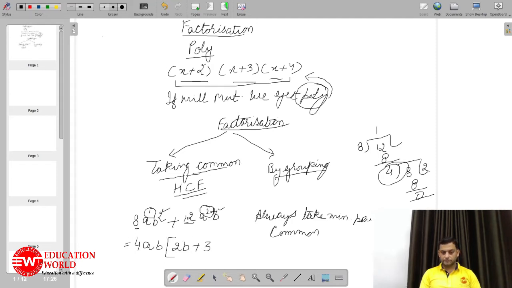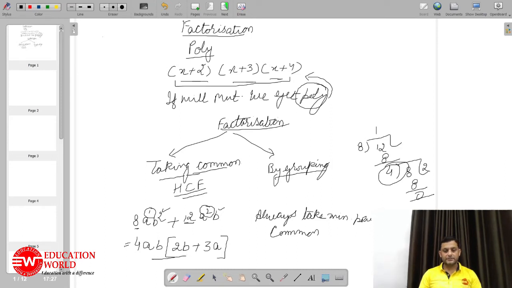And out of a square, 1 you have taken out, so 1 a is still inside. The same case is for b. 1b you have taken out, so 1b is already here. So it means nothing is left out. But don't put a 0, because you are dividing. HCF is the highest common factor by which you can divide.